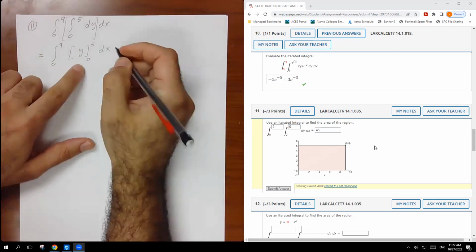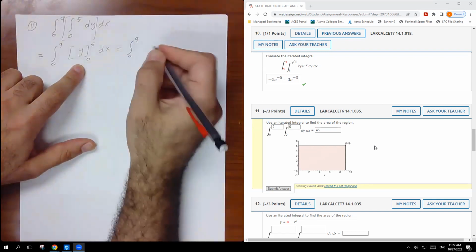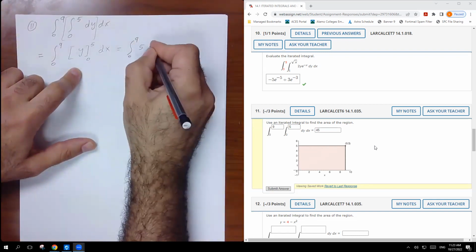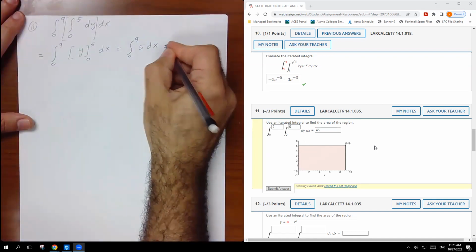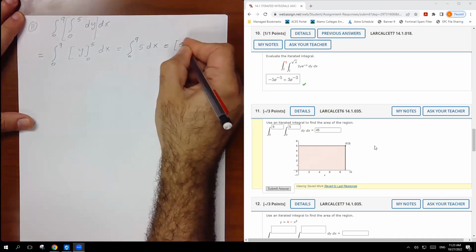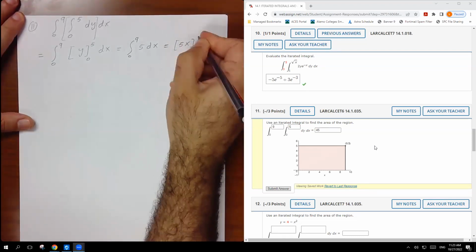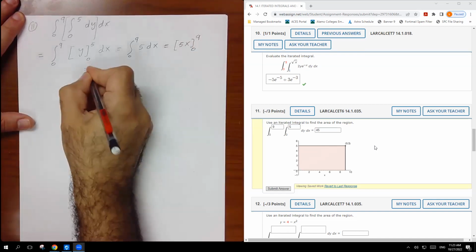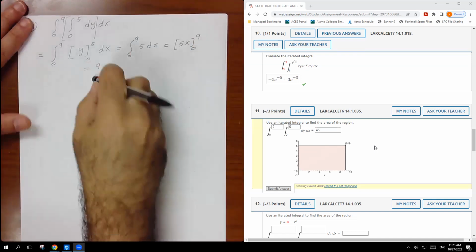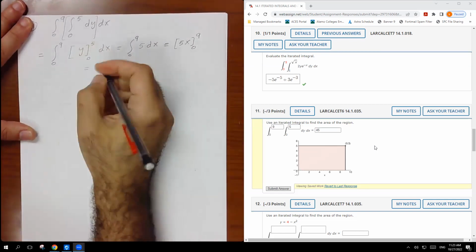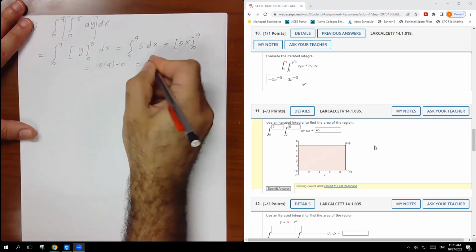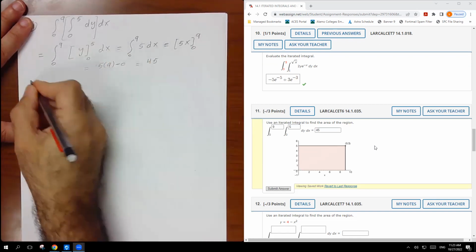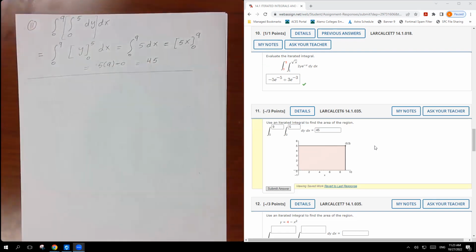And this one is going to be plugging in the 5, so it's going to be just 5 dx, because 5 minus 0. Then the integral is going to be 5x from 0 to 9. So it's going to be 5 times 9 minus 0, and then it's going to be 45. That's it for this example. So that's what they ask you to do.